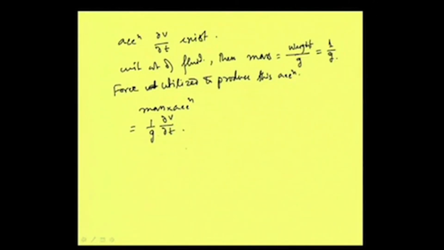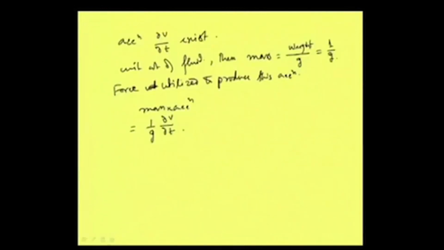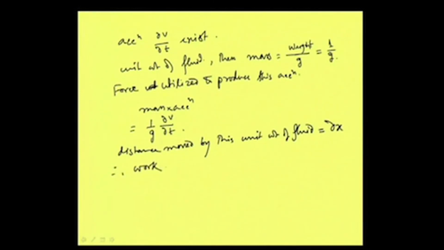So this is the force required, force utilized. Then this force works for how much distance? This force is working and acceleration is there, and the fluid is moving, this mass is moving from here to here. So the distance moved by this unit weight of fluid is equal to delta x. Therefore, how much work is being done?